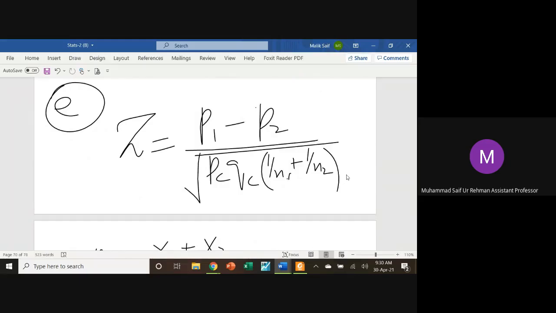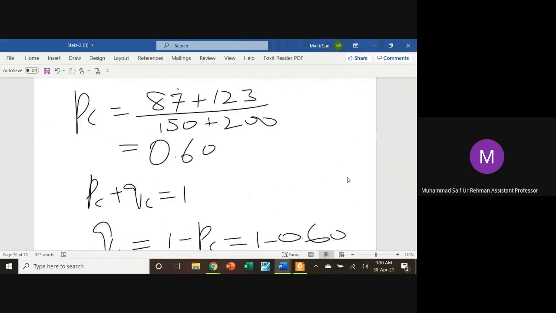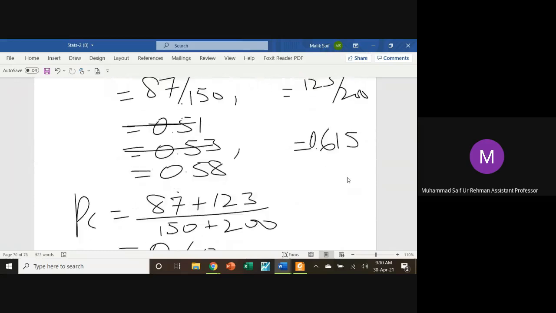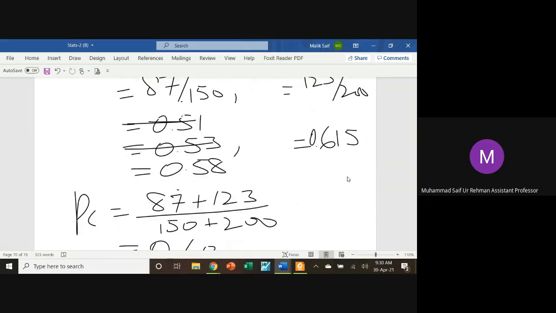P1 minus P2. We have found these two values, 0.58 and 0.615. So you can write it as 0.62.